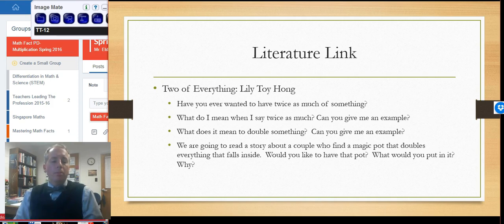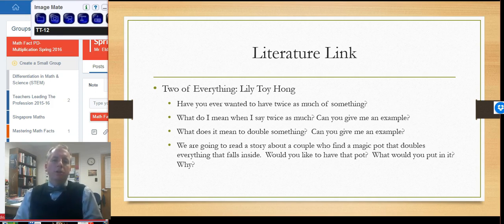So you may already know the book Two of Everything. If I was setting this up for you, if you were my students, then I might ask you to think about some things like, what is something you would like twice as much of? First thing in many people's mind might be money, right? We might like twice as much money or twice as much chocolate in my desk. I might like twice as many cars in my driveway.